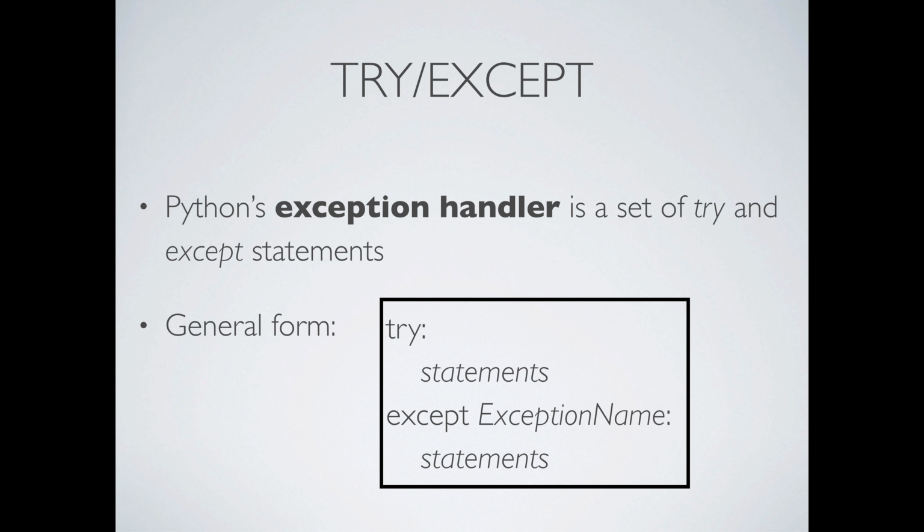Basically you say, hey, try some statements, except some exception, do these other statements. So this is the general form. Pay attention to the words try and except. Note that both the lines that start with try and except end with a colon, and then there are statements indented underneath those two lines.